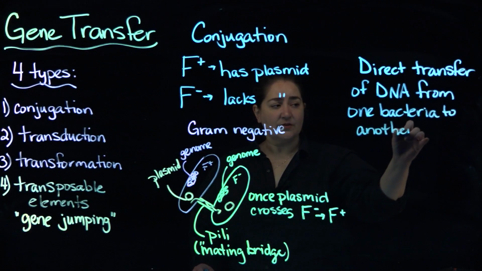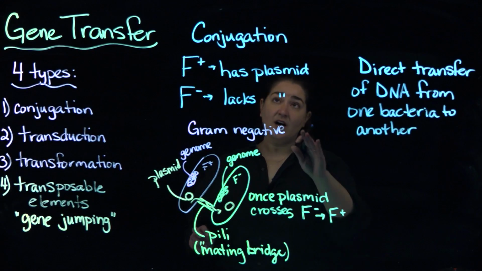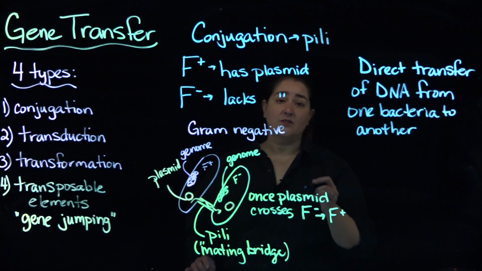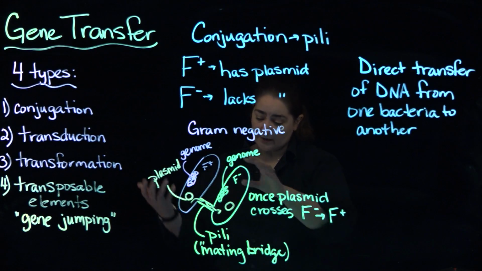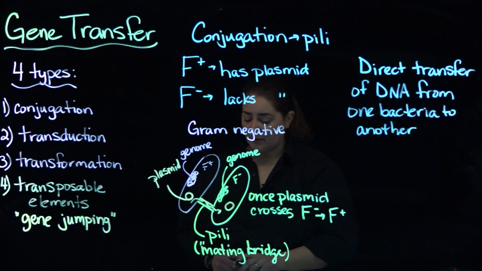And that transfer is going to happen via the cell structure, the pili. So conjugation, this is the genetic process where pili are important, okay? So what happens with that, you get the crossing over of genetic material there.